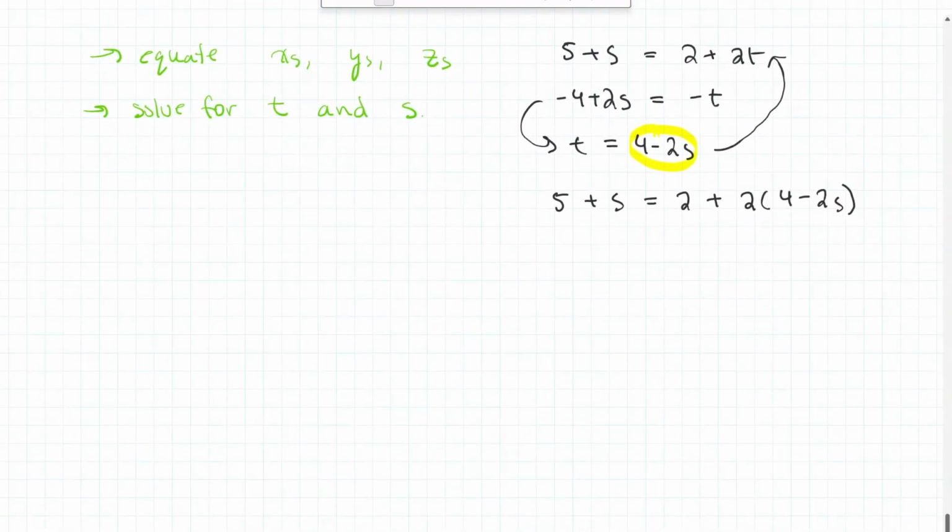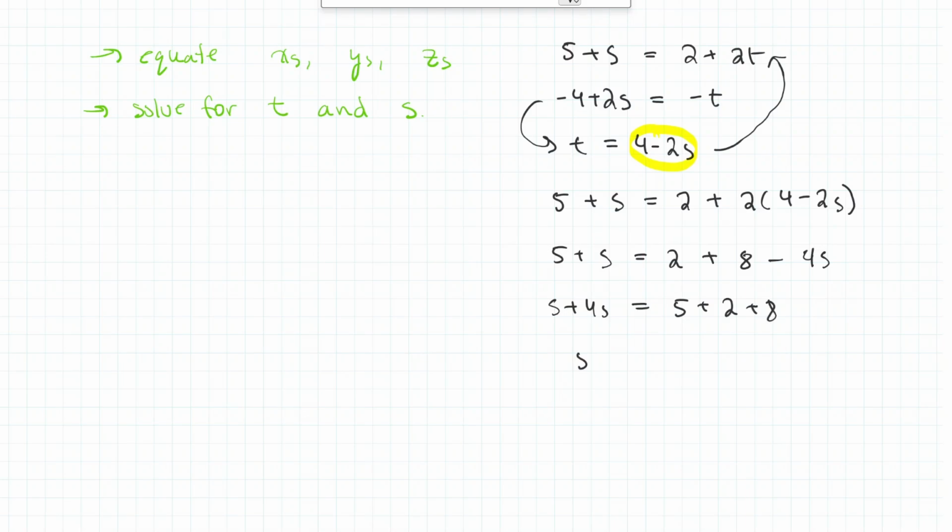And now we want to solve for s. So what do we get? We have that 5 plus s equals 2 plus 8 minus 4s. We bring the s's on one side so that we have s plus 4s equals 5 plus 2 plus 8. So we have that 5s equals 15.